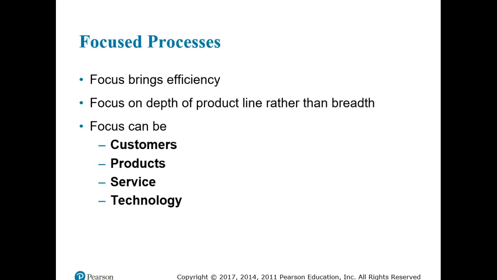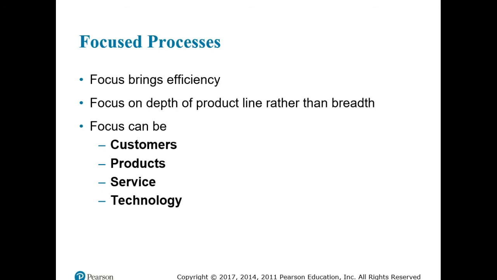Now, focusing on processes implies a move toward specialization, limiting the number of activities, products, or technologies. Focus is often a reason given why firms outsource so many activities, and the concept of focused processes sounds like the opposite of the goal of mass customization.